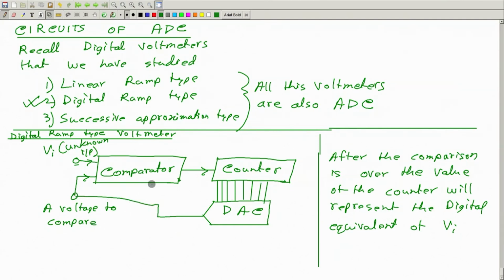So this is a digital linear ramp type voltmeter, not successive approximation.